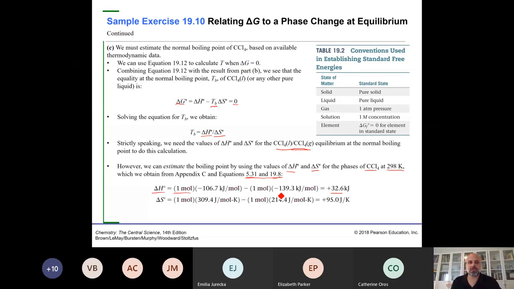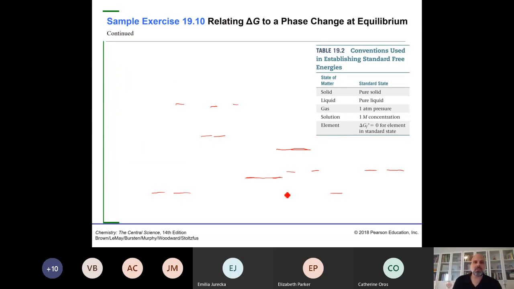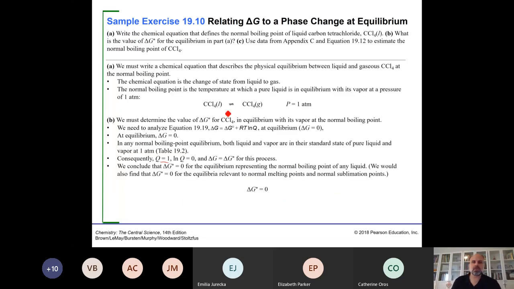All these numbers are, for those of you who are trying to understand where this is coming from, all we're doing is calculating the delta H naught of the reaction, right? Where we have the summation of the products minus reactants, n times the delta H of the products, minus the summation of the delta H of the reactants.